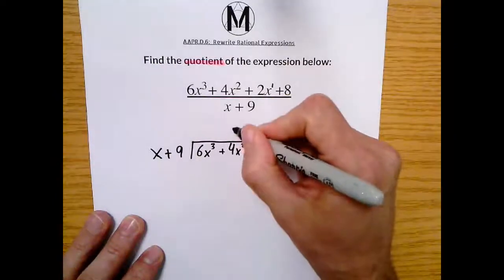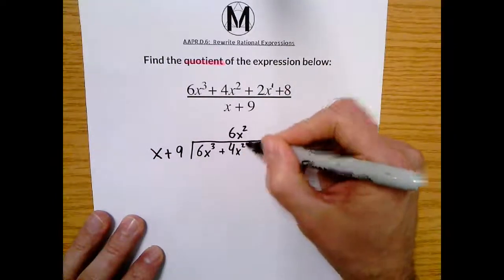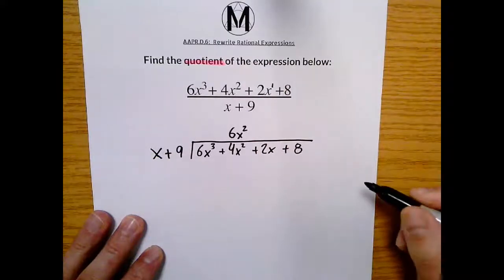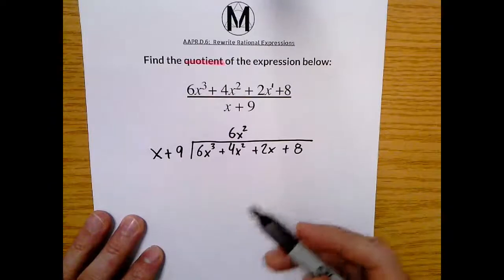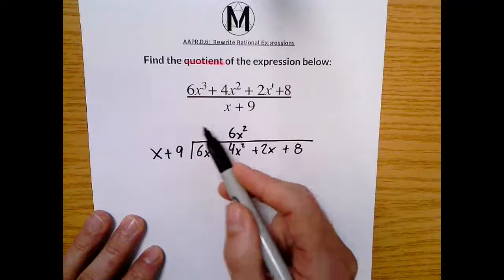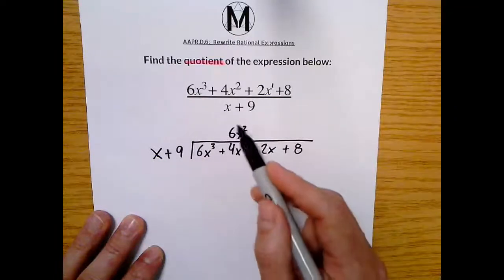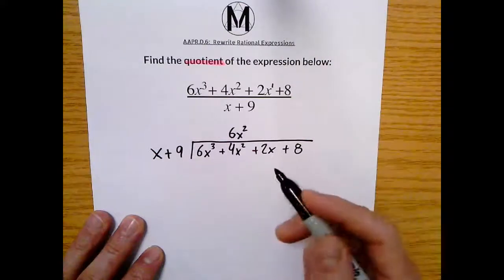And I like to write my answer right here. I just like to line up my degrees. So you see my squared terms are lined up. And that's step one. You would just ask that question. Step two is we distribute this back down. So I take this 6x squared and I multiply it to x. And I take this 6x squared and I multiply it by 9. And we'll just do that now.